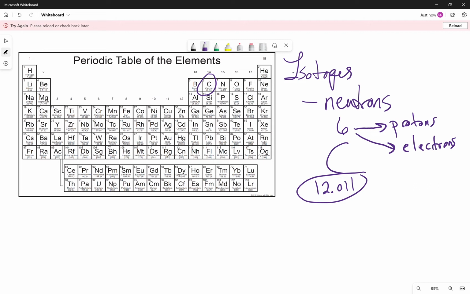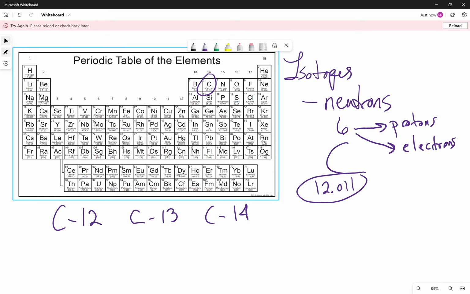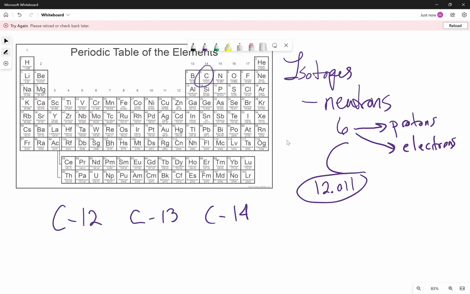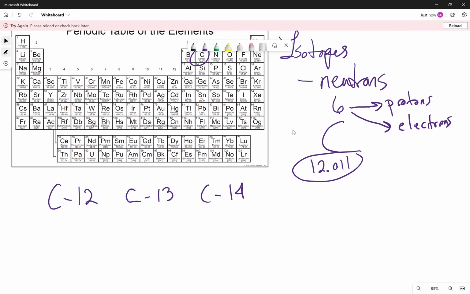In nature, we have carbon 12, C12, we have carbon 13, and we have carbon 14. What that means is, for each of these isotopes, if you remember, our number of protons never changes.